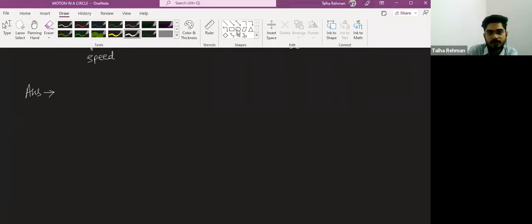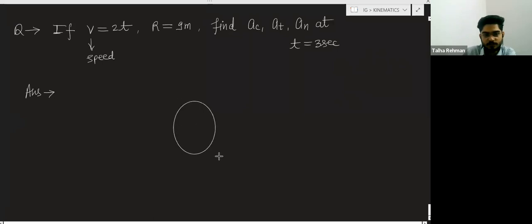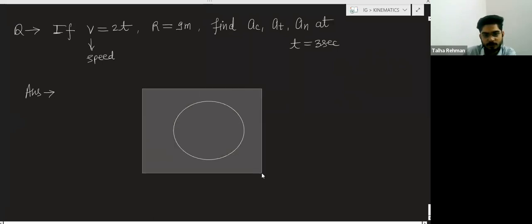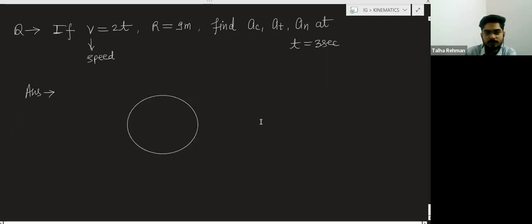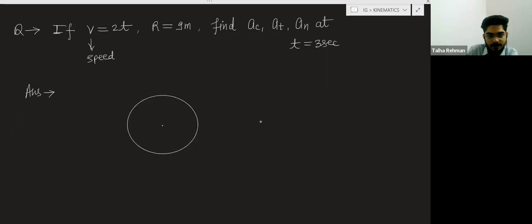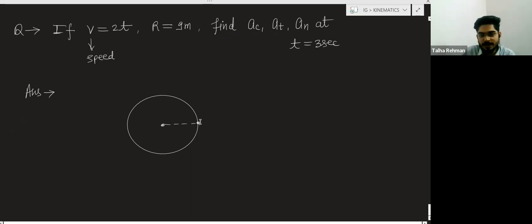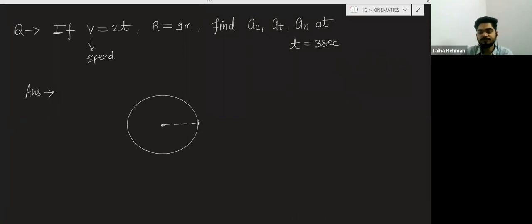So basically our body is moving on a circle. Suppose this is the position of the body at t equal to 3 seconds. At this point there will be acceleration.